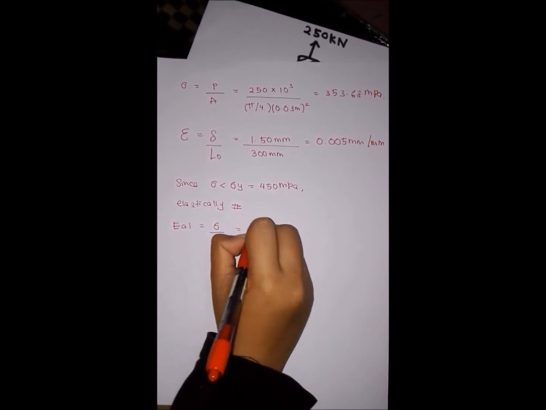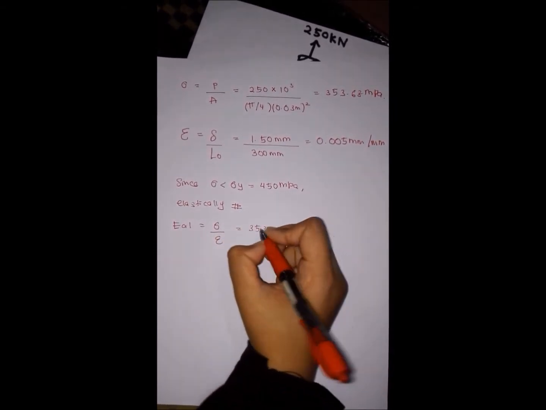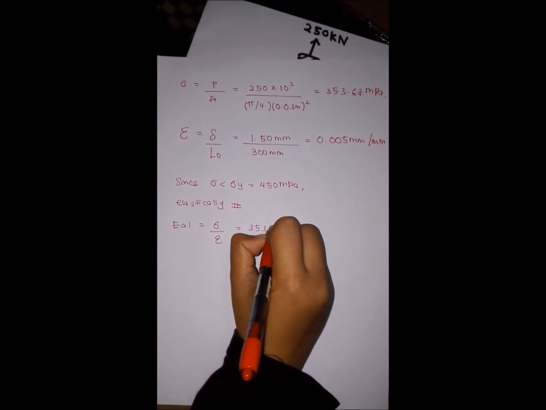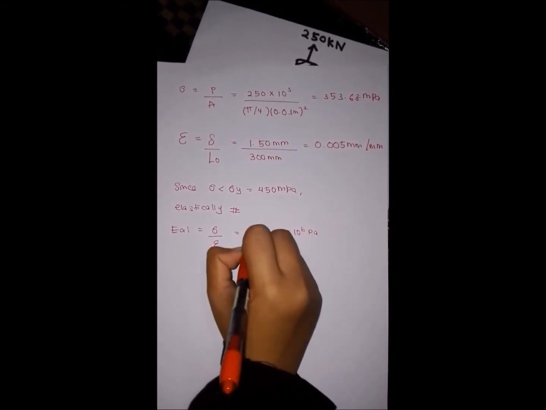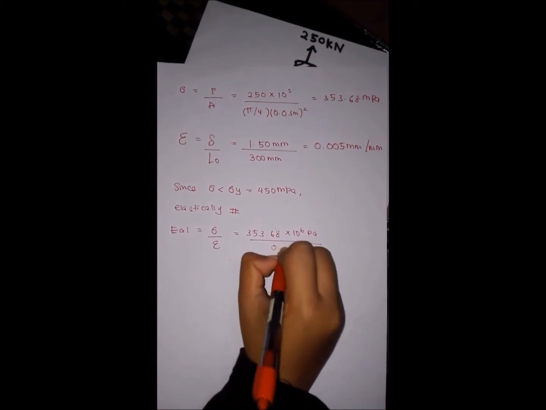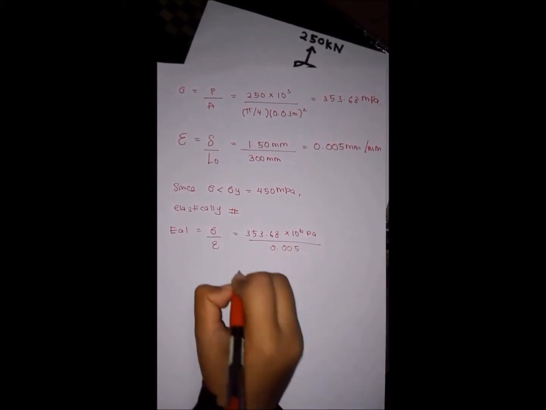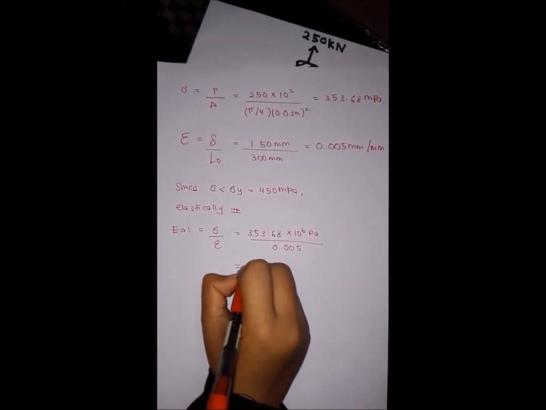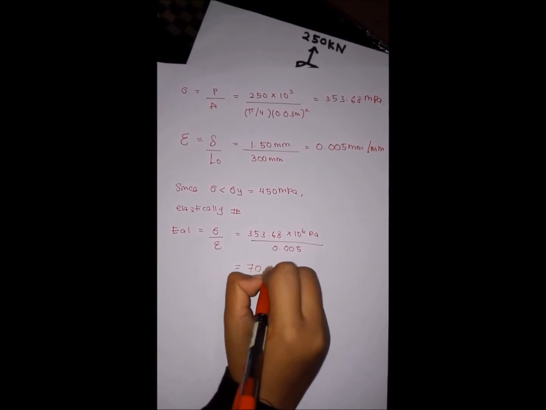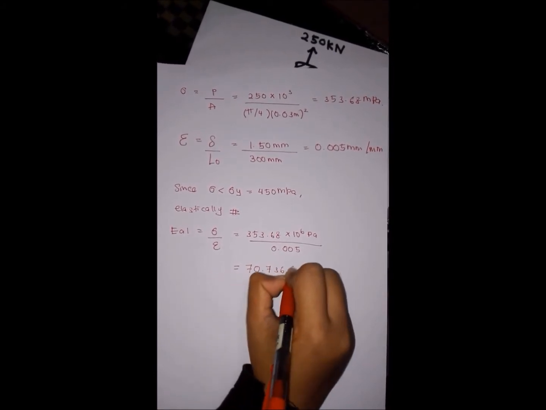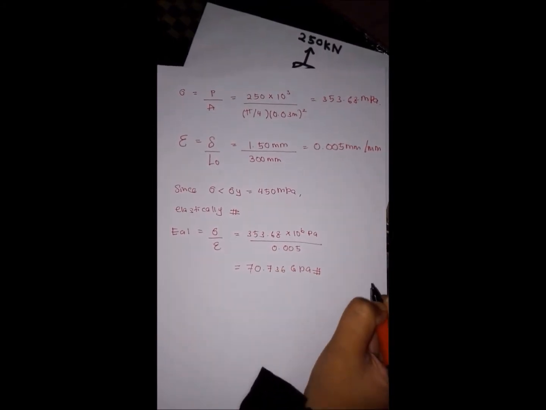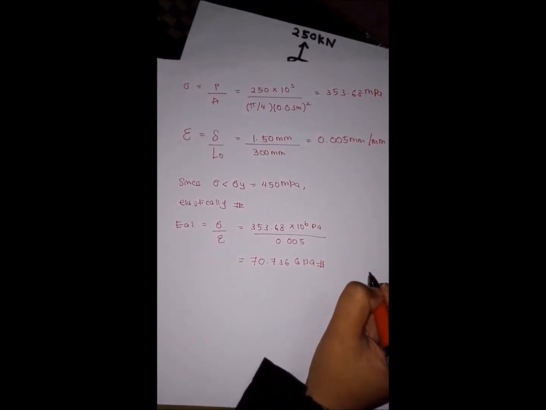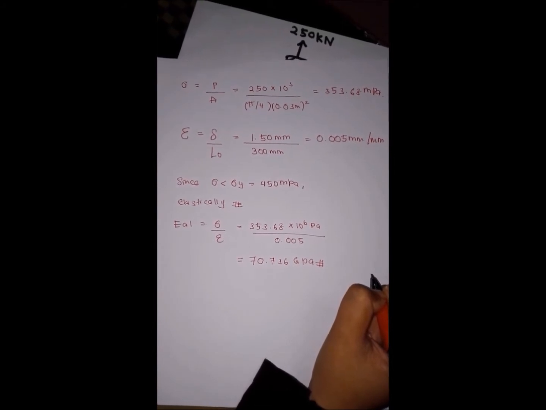From what we have calculated, 353.68 times 10 to the power of 6 pascal over 0.005, we get 70.736 gigapascal. The next question is to determine how much the force causes the diameter of the specimen to contract.